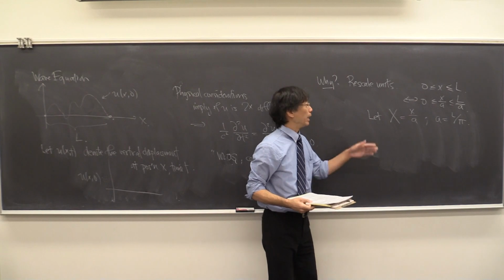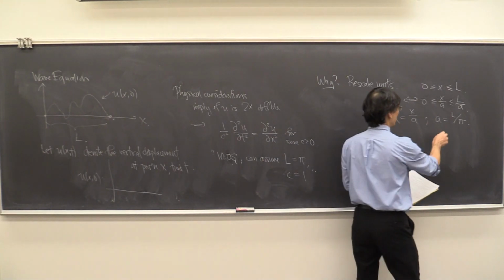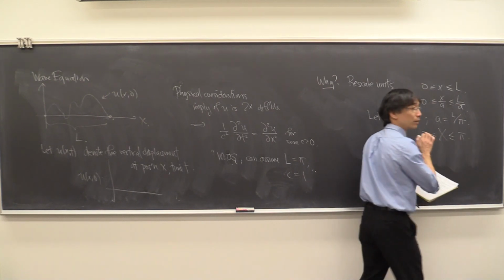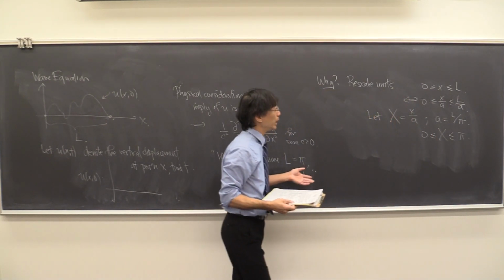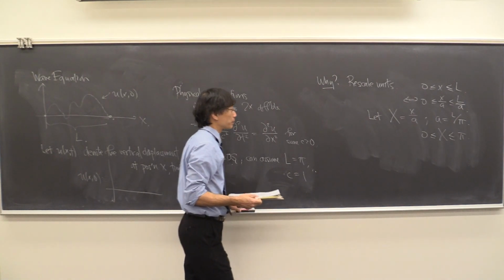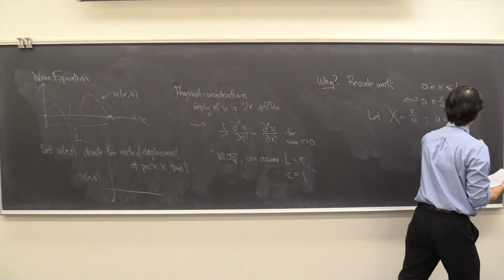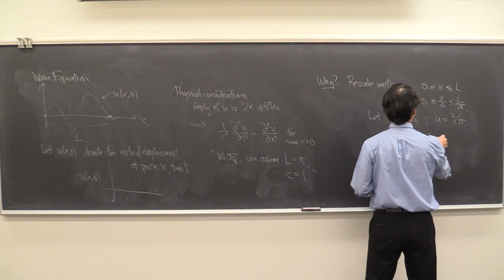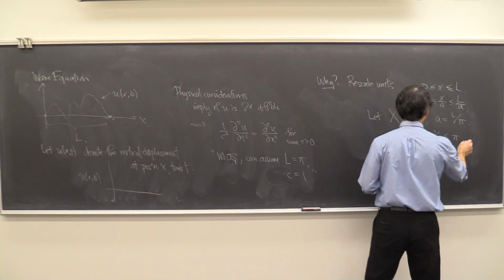Right. So then in that case, capital X is ranging from 0 to pi. So that's one change we'll make. Capital X is going to range from 0 to pi.